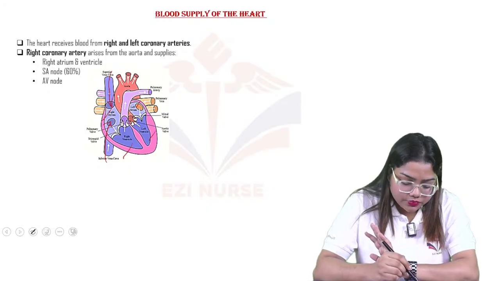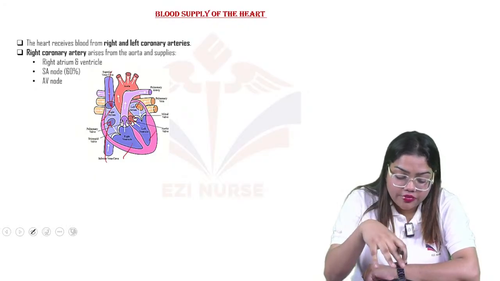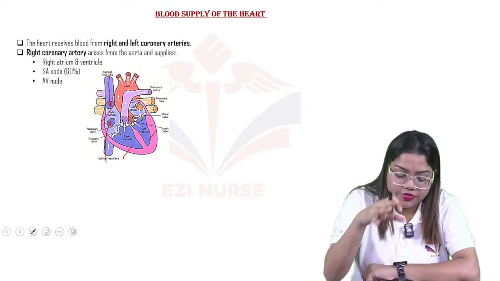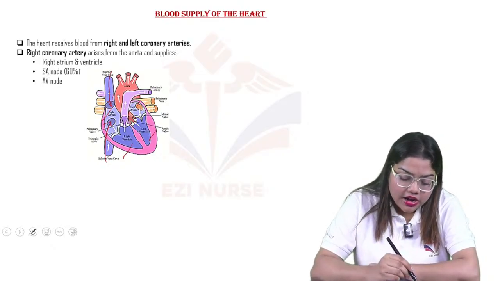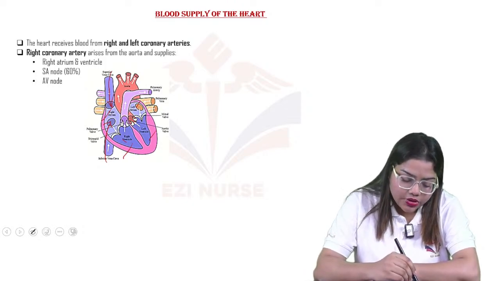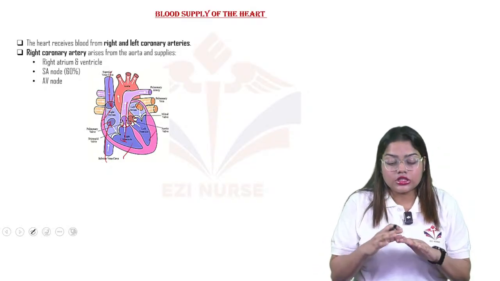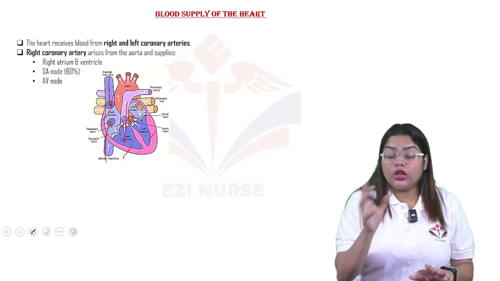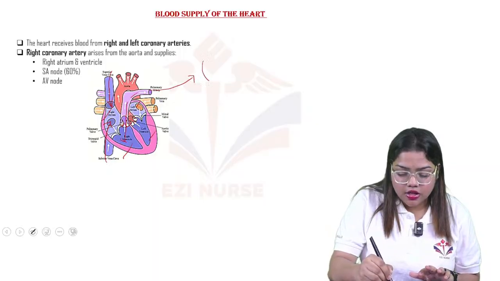Then it travels through the tricuspid valve, which is the valve between the right atrium and right ventricle. Then it reaches the right ventricle, and then this blood travels through the pulmonary artery, where it passes the pulmonary valve. Now this deoxygenated blood reaches the lungs through the pulmonary artery.